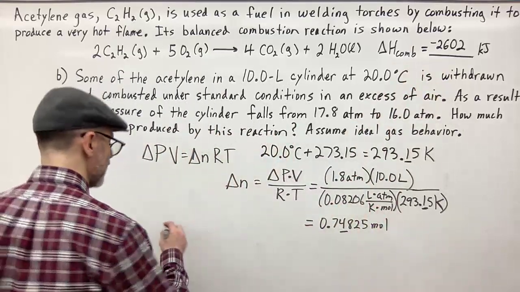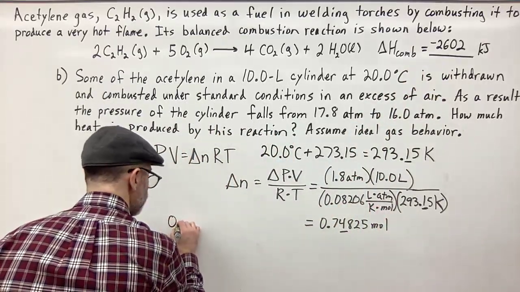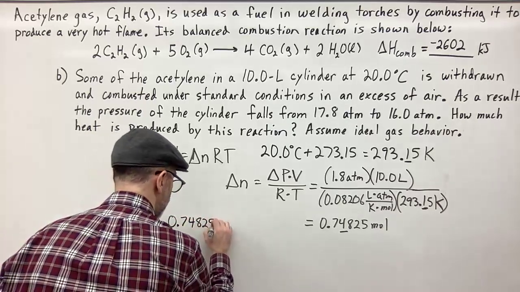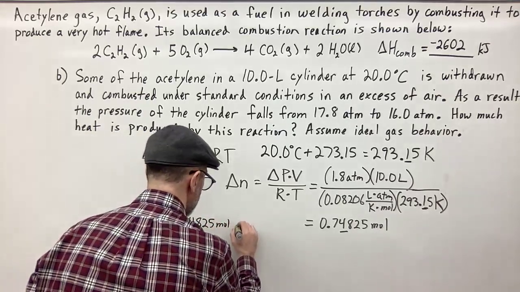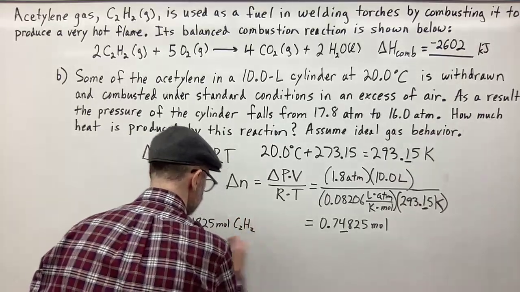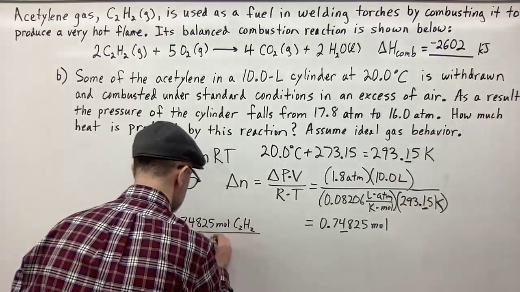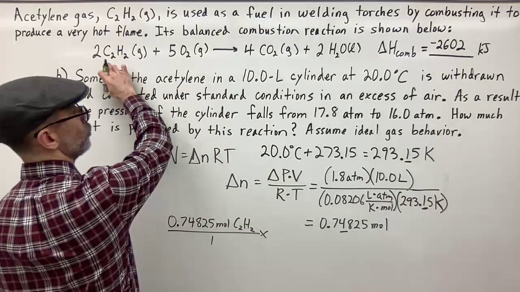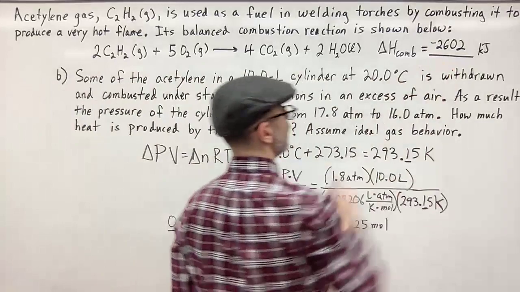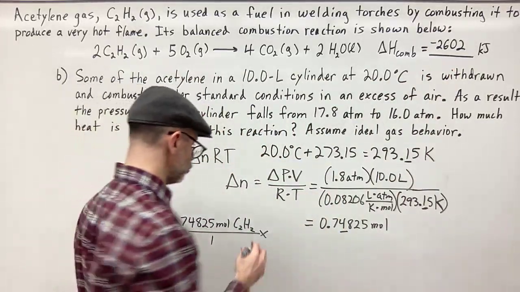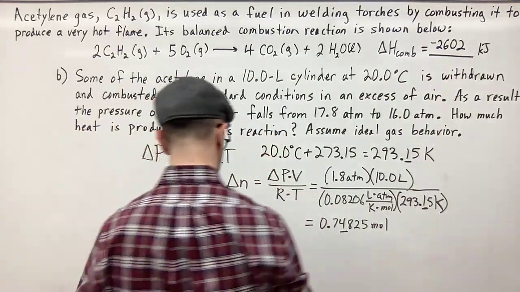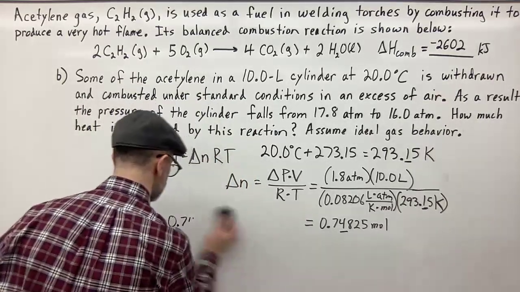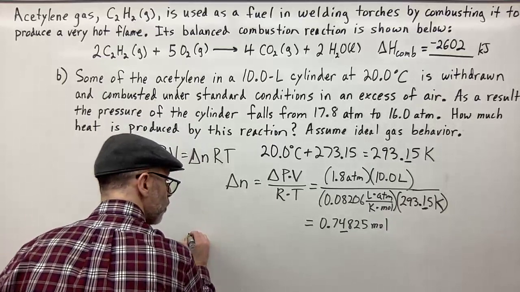So now I can take the 0.74825 moles of C2H2 gas that was burned, and now I can use the 2 moles of acetylene to negative 26.02 kilojoules. And so let me bring this down lower since I'm not getting in the way here.